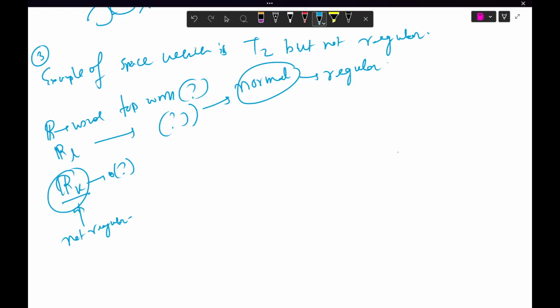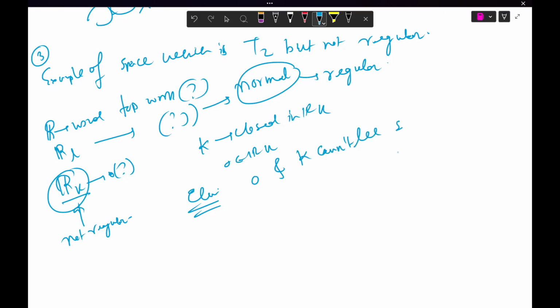So in R_K, consider the set K, which is closed in R_K, and consider the point 0. Now the claim is that the point 0 and K can't be separated by open subsets.